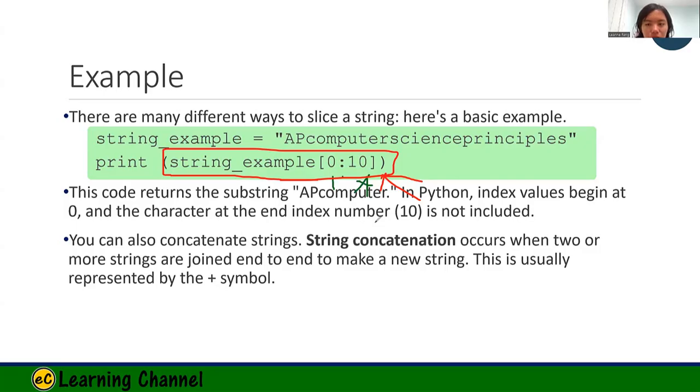You start at index 0 but stop before index 10. Is 10 included or not?